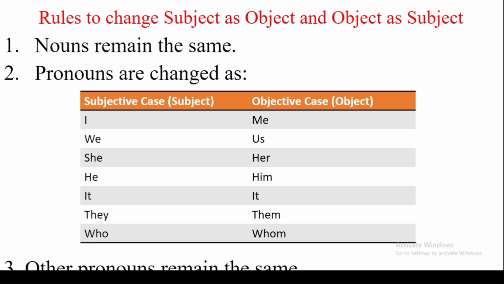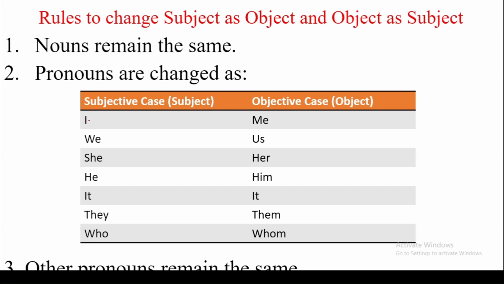Let's discuss if the subject and object are nouns. It is easy to change because a noun remains the same even if we change the case of subject and object. But if there is a pronoun, the case differs.